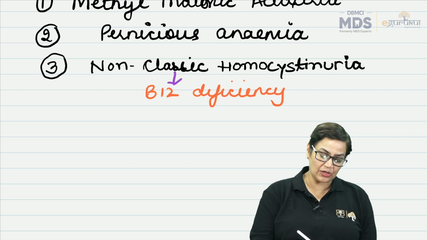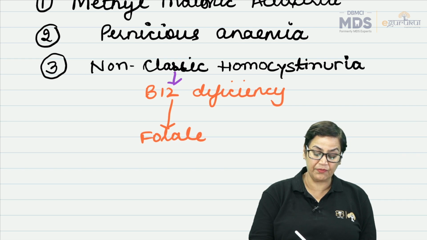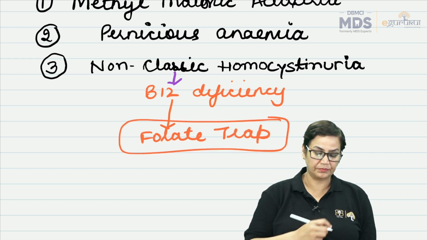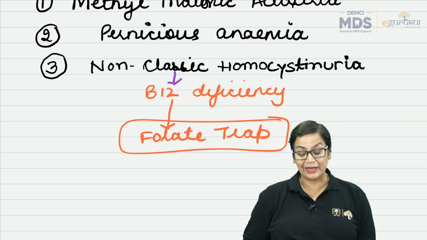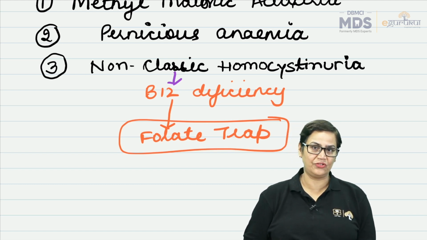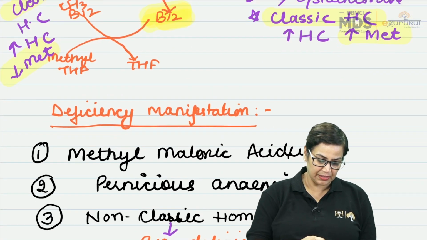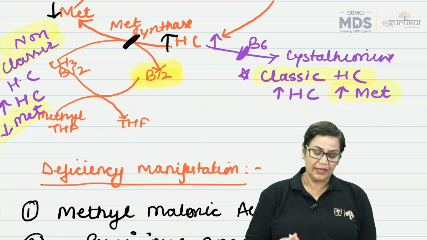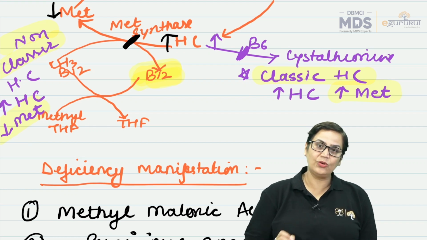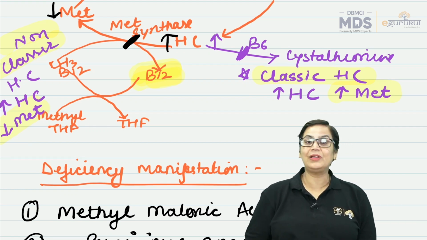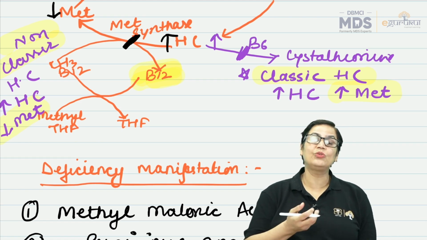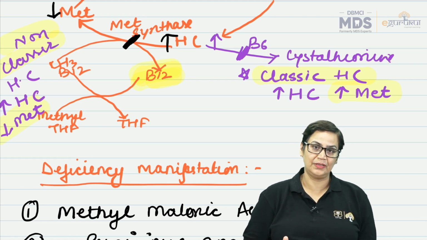And this can also lead to folate trap. Very, very important. Now, what do you understand by the term folate trap? Because see, if you look at the reaction, okay, the methyl group is being donated. Ab, if B12 is absent, there is nobody to receive that methyl group.